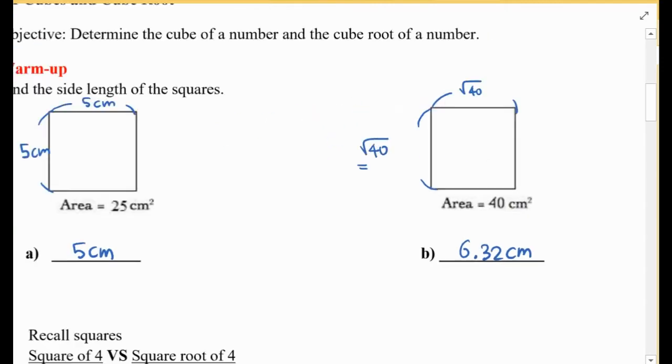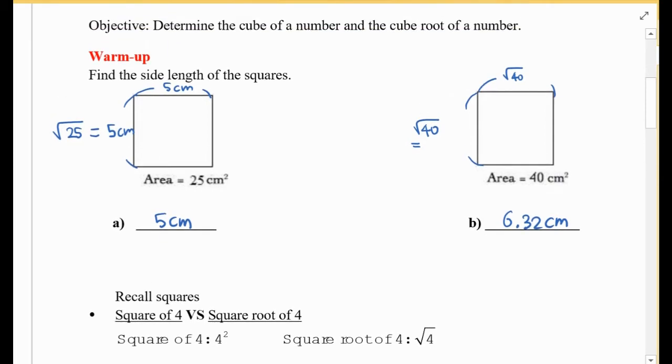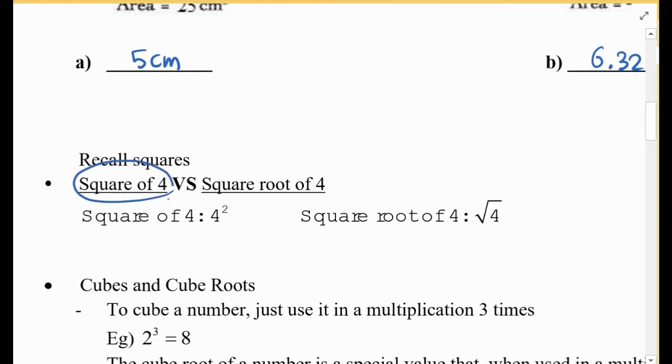So we learned how to do this in chapter 1. So this is about square and square root. So the square of 4. Everyone, what is the square of 4? That is 4 squared, which is, you can just multiply 4 twice. That is 16. And the square root of 4.